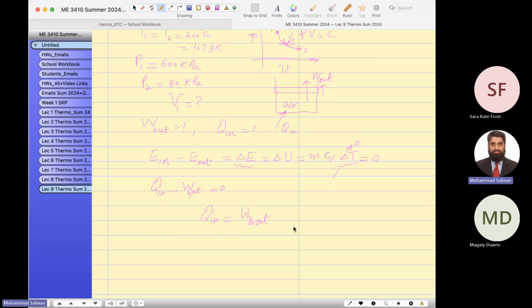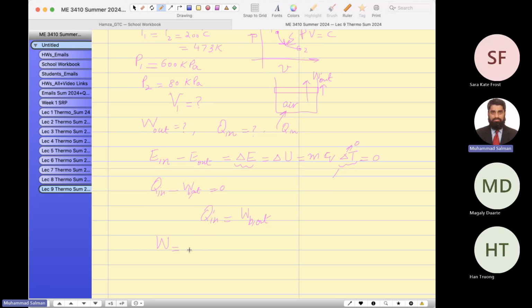So we know that the work done can be found using the isothermal process equation, or mRT. Both are correct.